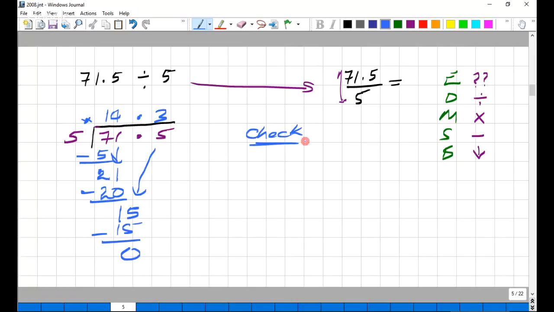All right, so let's see if we can set that out. So 14.3 multiplied by 5. How many places of decimal I have? 1. So my answer should have how many places of decimal when I'm done? 1. Okay, so 5 3s would give you what, sir? 15. Write 5.